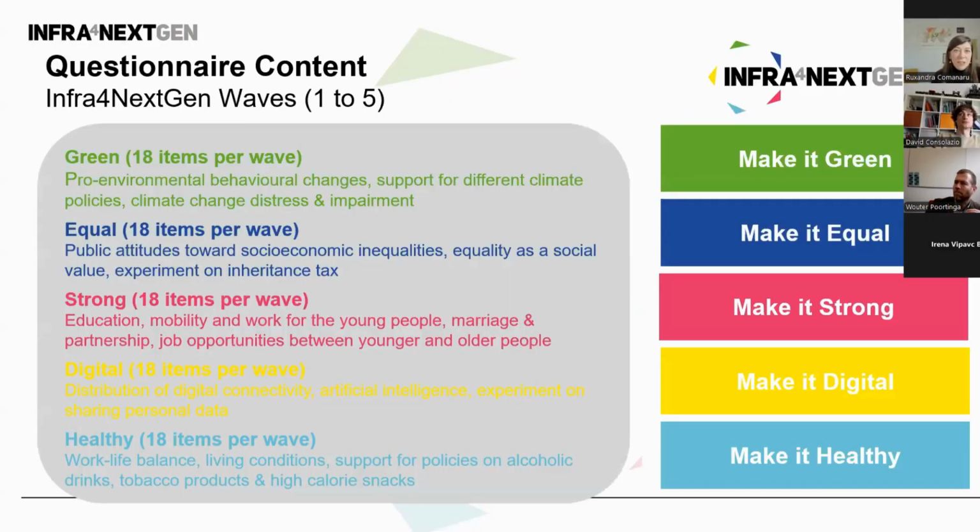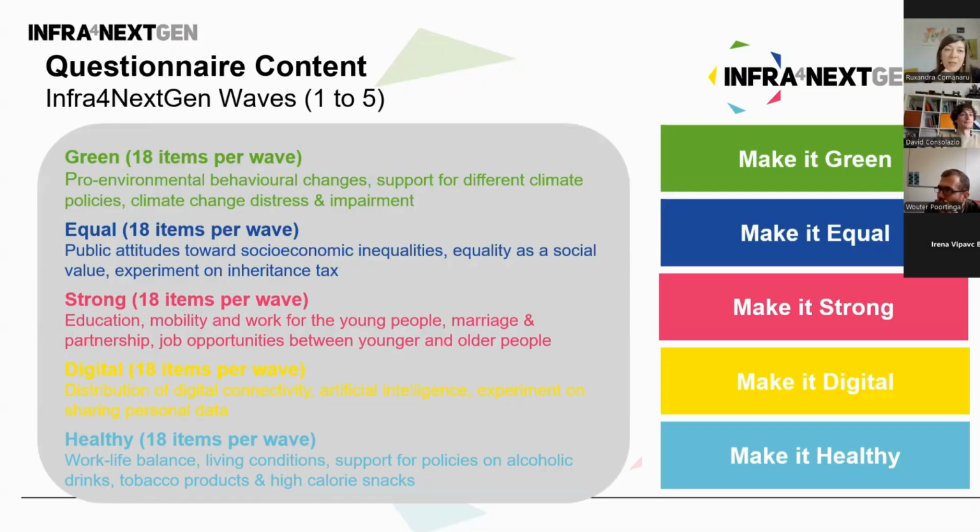So in terms of content, here is a bit of an overview of the questionnaire content for all of the pillars. So these are the 5 pillars that I keep mentioning: Make It Green, which is our pillar of interest today, Make it equal, make it strong, digital, and healthy.